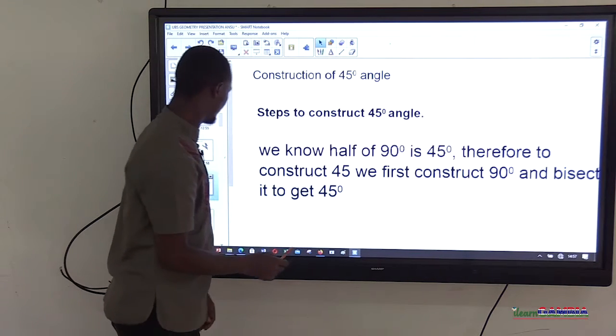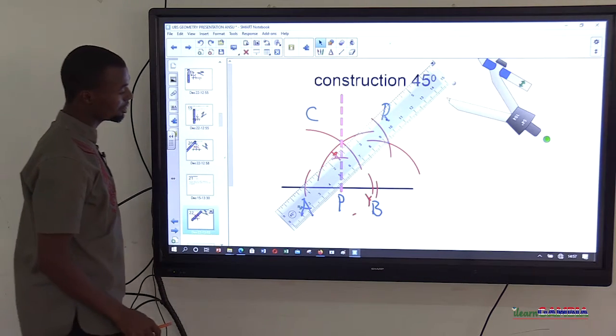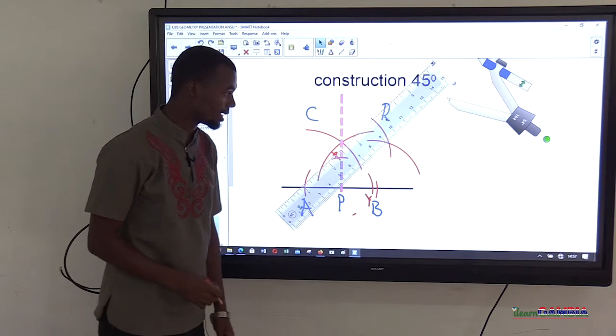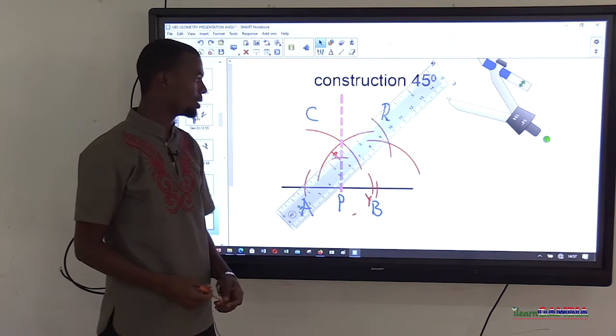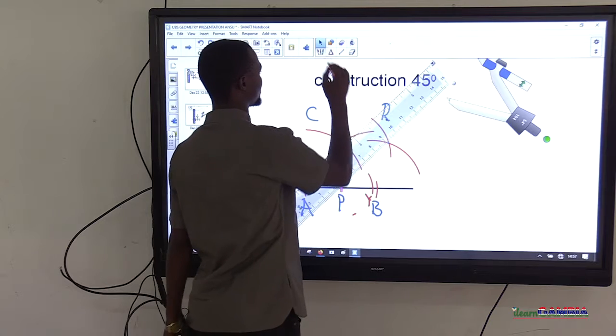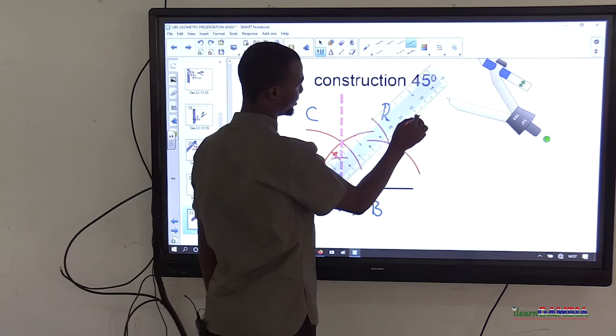Here we have to use a solid line. We cannot use a broken line because the angle we are asked to find is 45. So we draw our 45 degrees.